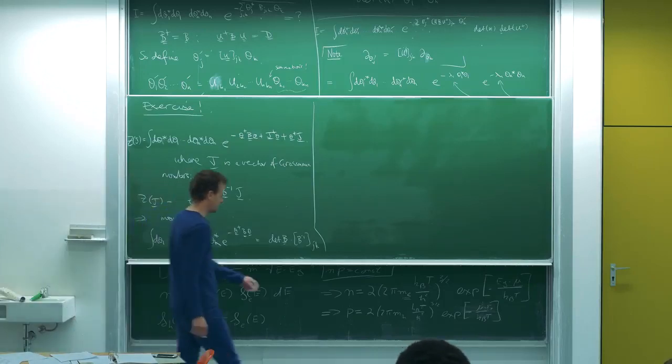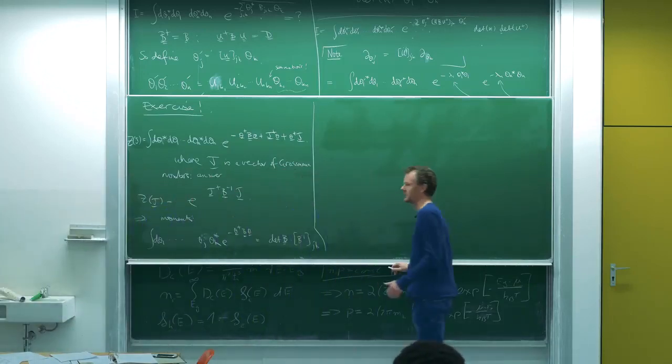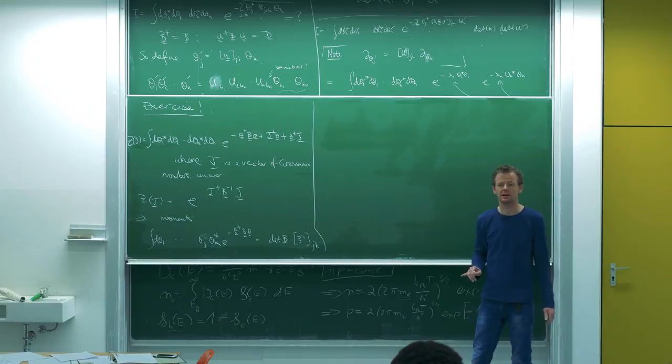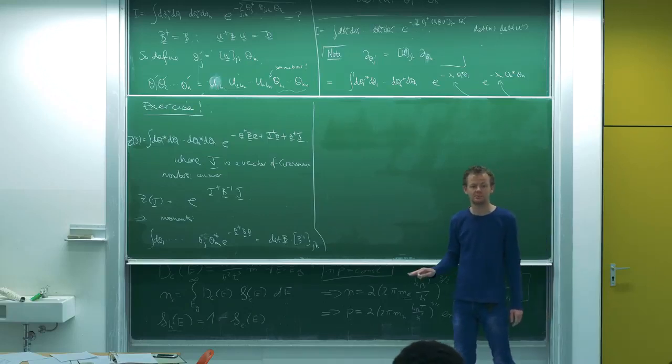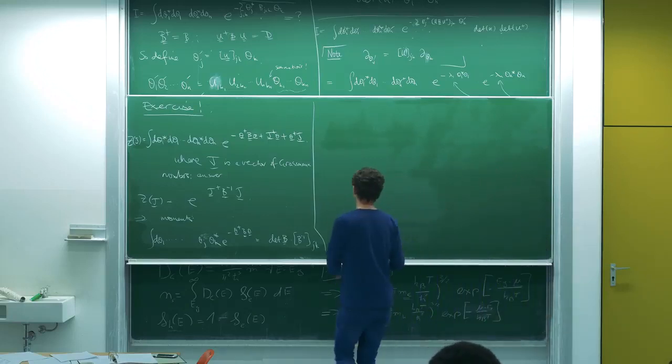And then, as a parting comment, I'll just show you what happens when you mix normal numbers and Grassmann numbers.